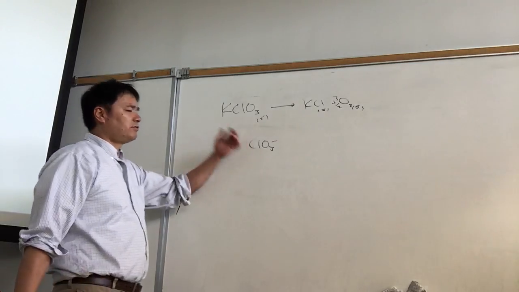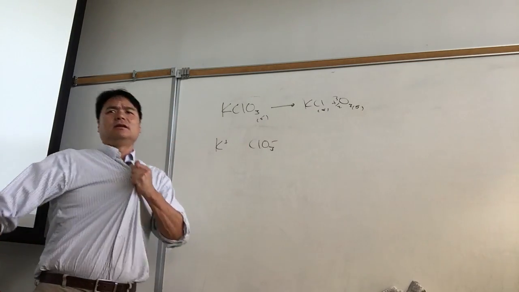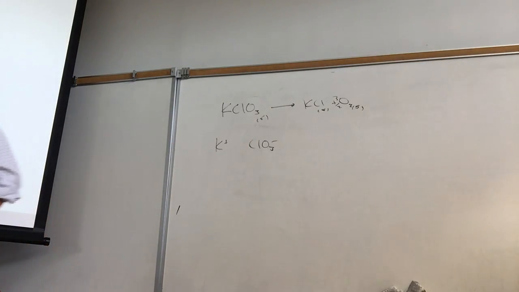The oxidation state on chlorine is +5, which is fairly high. It's losing 5 electrons, which is pretty high. Not as high as perchlorate. The oxidation state in perchlorate is +7, so apparently it's lost all its valence electrons. Do you think chlorine's very happy losing all 7 of its valence electrons?